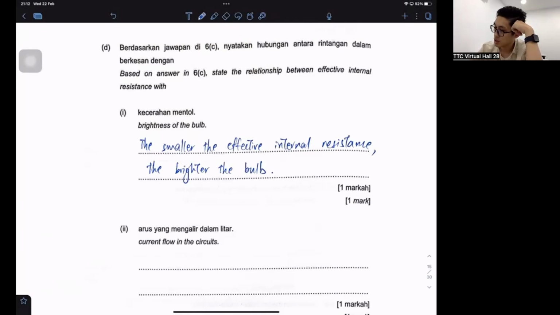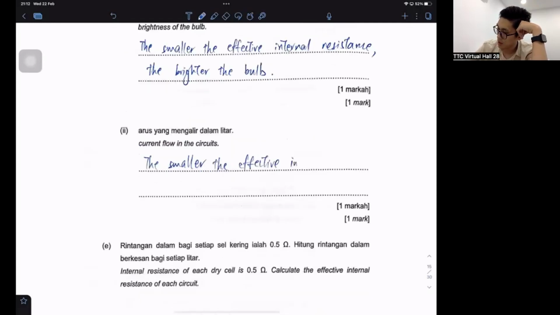So you say, use back the same as the top: the smaller the effective internal resistance, the greater the current flow.